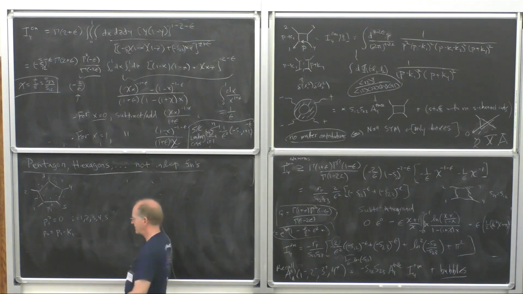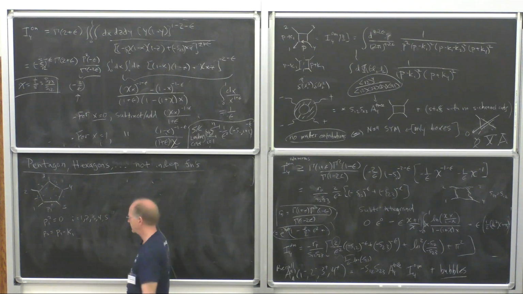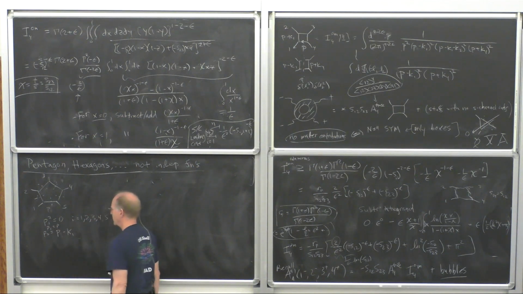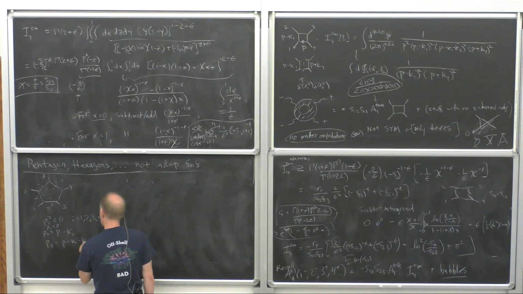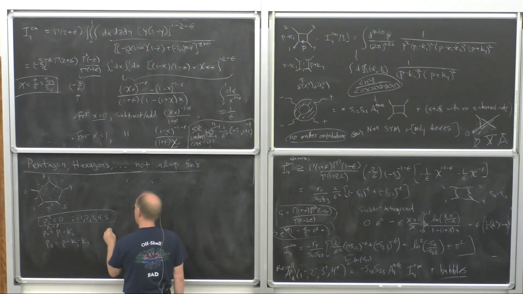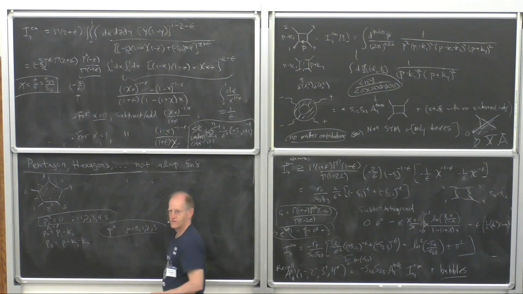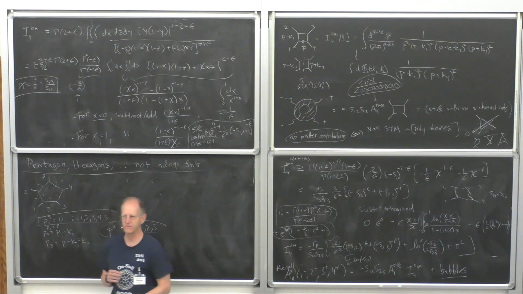And so the cut conditions, we're doing it holding the external momenta fixed and just doing it as a function of this loop momentum P. So P1 is equal to P, P2 is P minus K1, P3 is P minus K1 minus K2. But the degrees of freedom we have to solve these 5 equations are the 4 components of P. So we only have 4 components to P, and we have 5 quadratic equations for them.